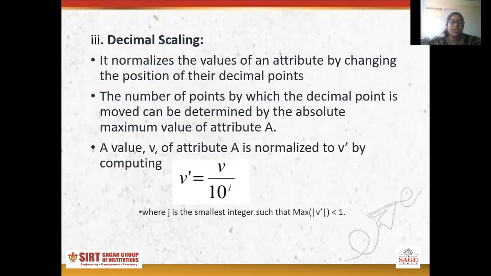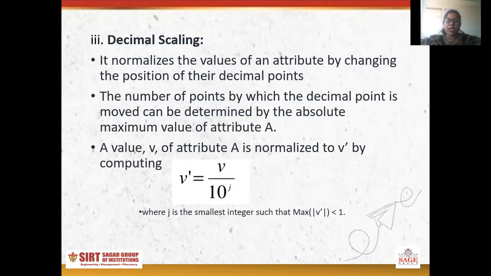Now the last is decimal scaling. It normalizes the values of an attribute by changing the position of the decimal point.